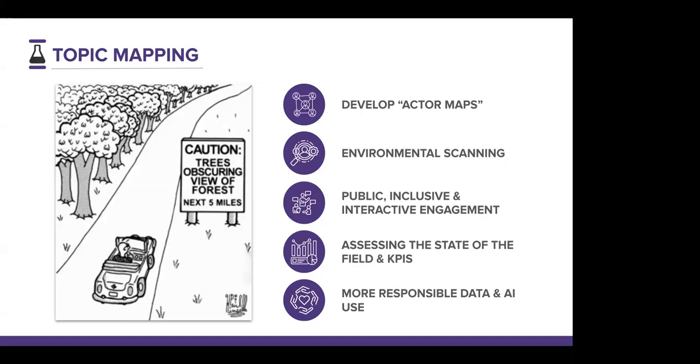Once you have a topic mapping, and I will show you an example in a second, you can also do an actor mapping, because then you start understanding who the actors are vis-a-vis that topic that we need to be aware of, or potentially involve for formulating questions.